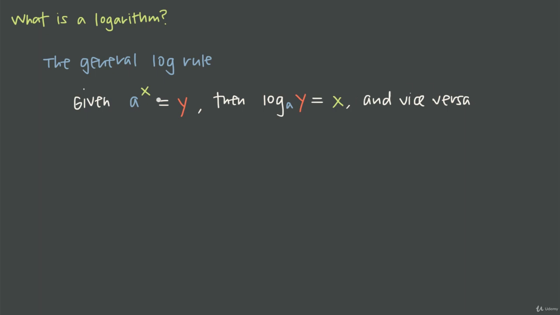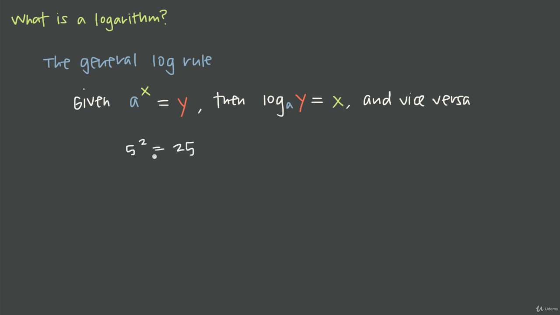The vice versa tells us that even if we're given the exponential equation, we can transform this into the logarithmic equation. And if we're given the logarithmic equation, we can transform it into the exponential version of the same thing. So we can go back and forth between these two depending on where we're starting and what we're trying to solve for. So let's look at a couple of examples of that.